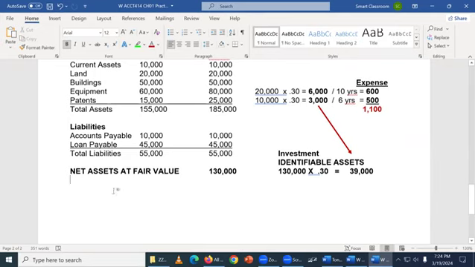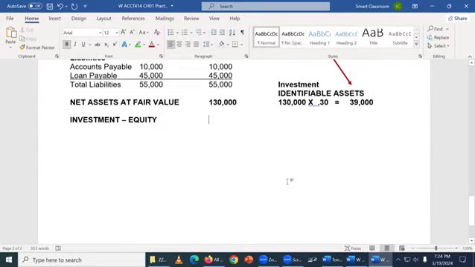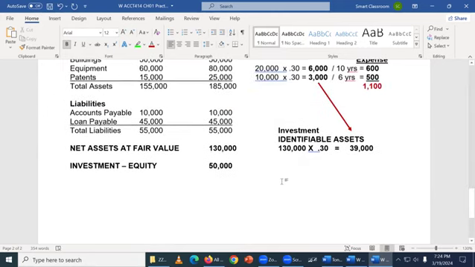So our investment would look like this: 50,000, the identifiable assets, which I didn't do on that other problem, by the way.